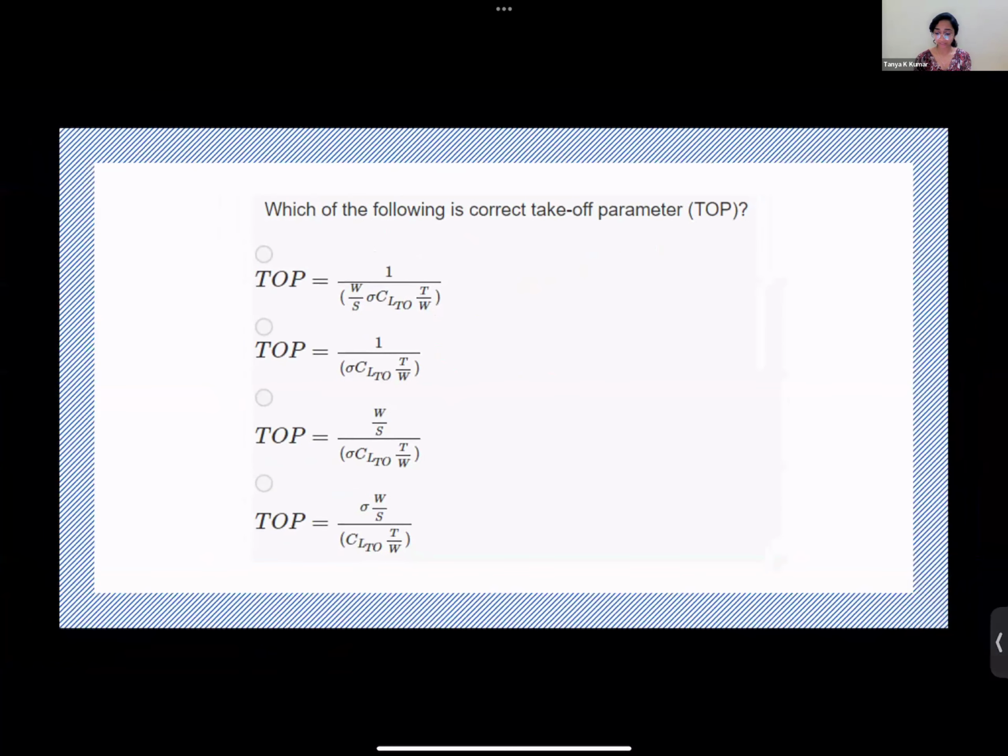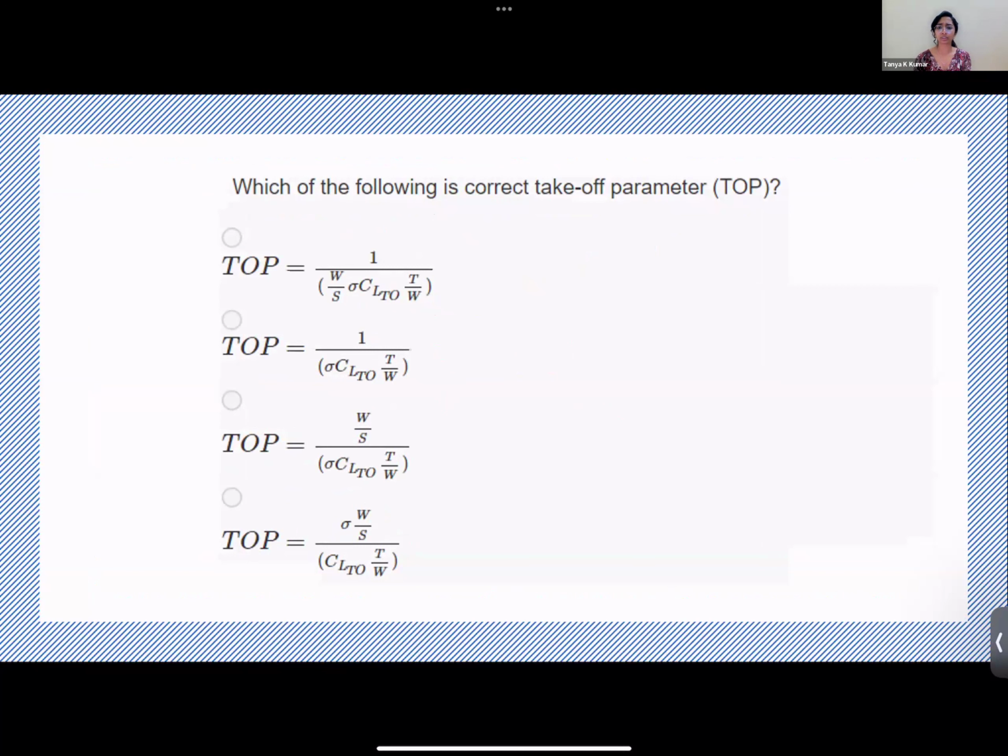Which of the following is the correct takeoff parameter? It's a direct equation that is given in the lecture. Which is the right answer? Which is the right one? Again, it's similar to your previous.